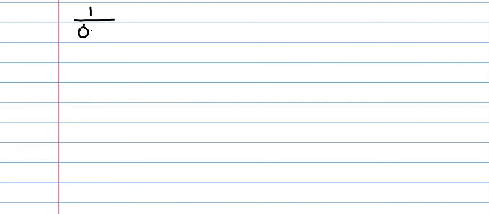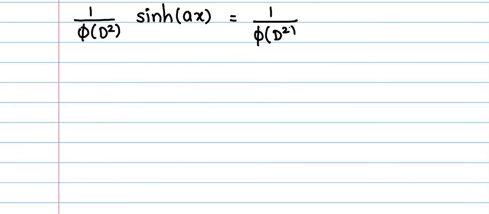If we consider auxiliary equation in terms of d square operated on sin hyperbolic ax, then we use the relation of hyperbolic function along with exponential function. It is e raised to ax minus e raised to minus ax upon 2.